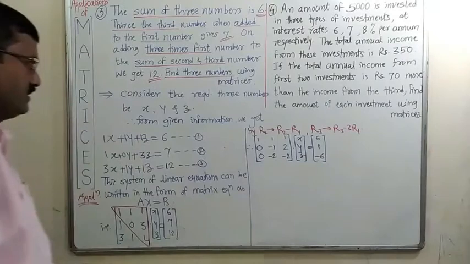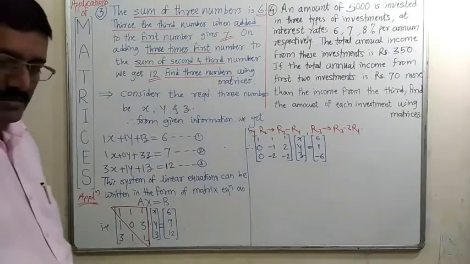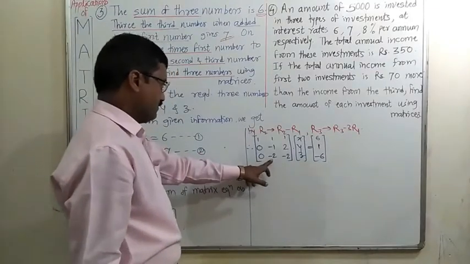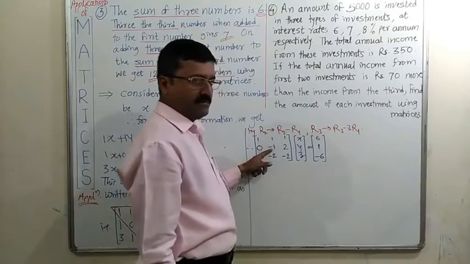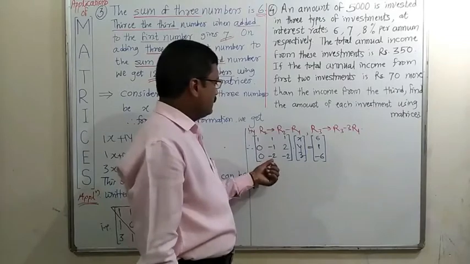So this is the second step. Now we want 0 here, so if we multiply this by 2, then we get minus 2, and subtracting, we get 0 here.